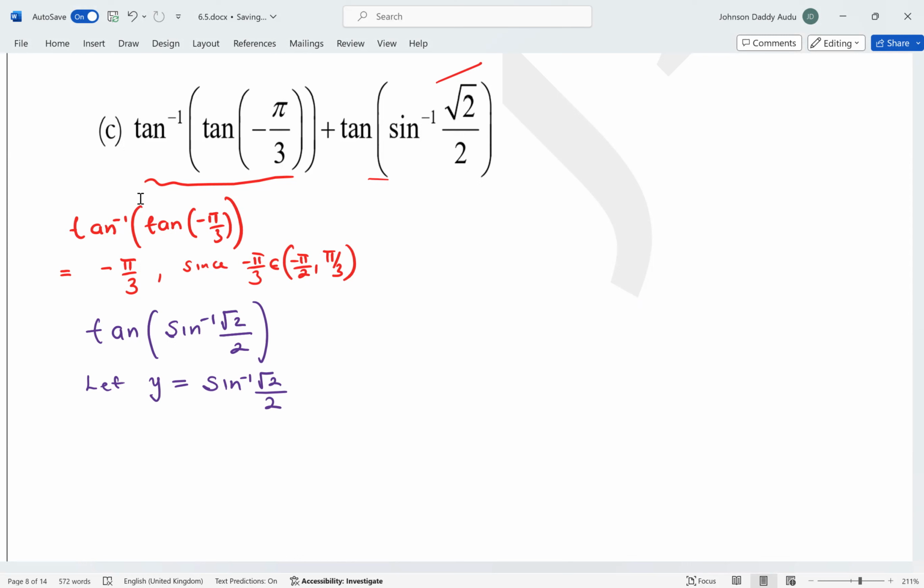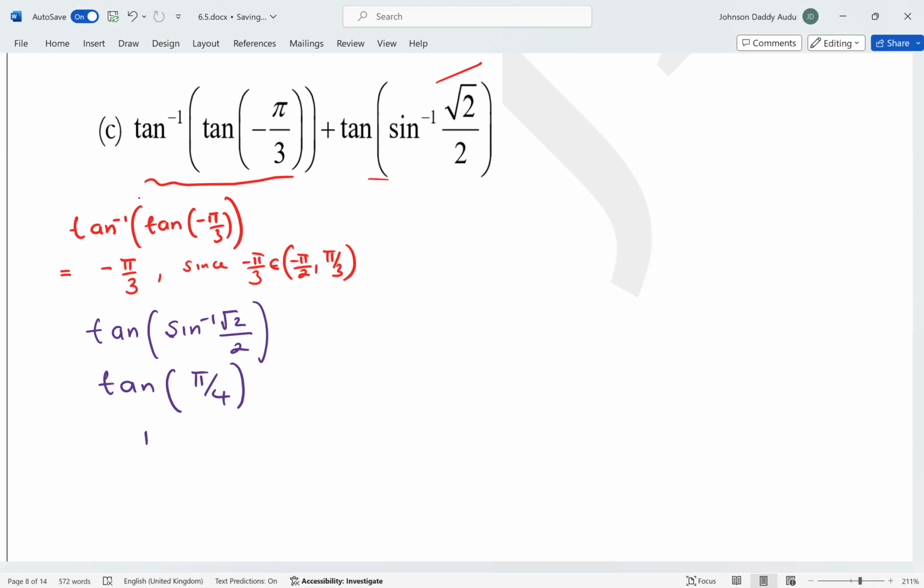Sine inverse of root 2 over 2 is just pi over 4, right? Since this is a standard angle, it's fine. This is the same thing as tan of pi over 4. And what is tan pi over 4?